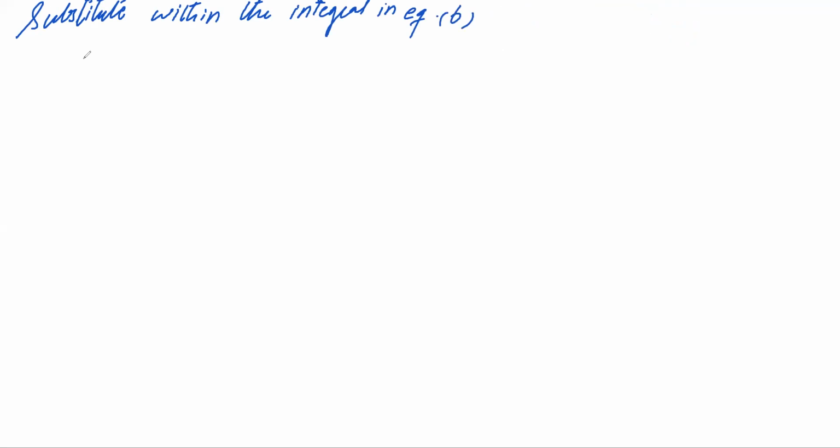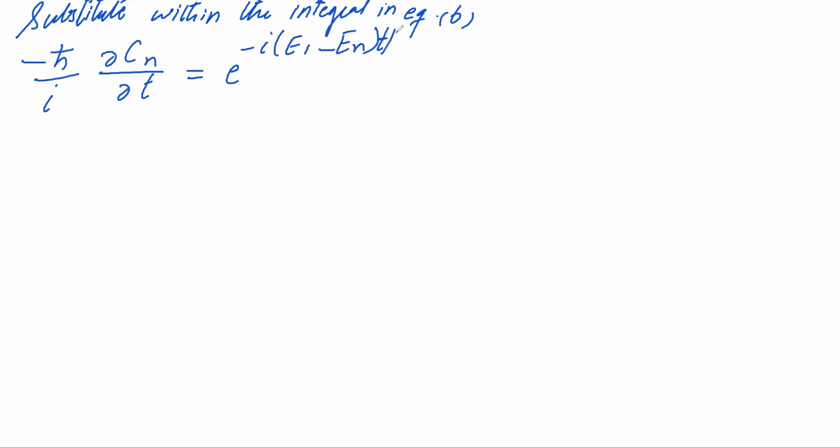So we will get minus h bar over iota partial c n t over partial t is equal to e raised to minus iota, and we can take this common, E1 minus En into t over h bar.